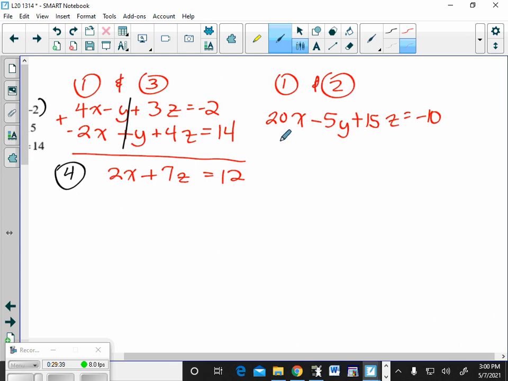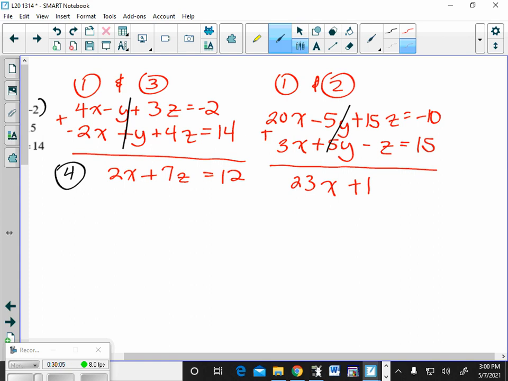3x plus 5y minus z equals 15. So now when we add these up, as you can see, we eliminated the same variable. We eliminated y. We end up with 23x plus 14z equals 5.